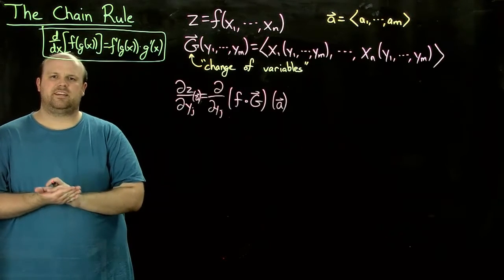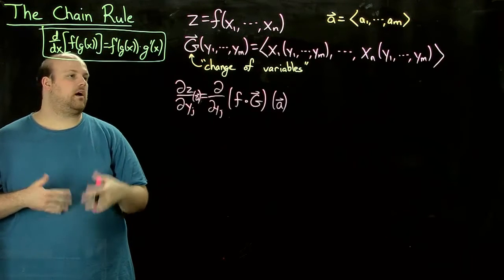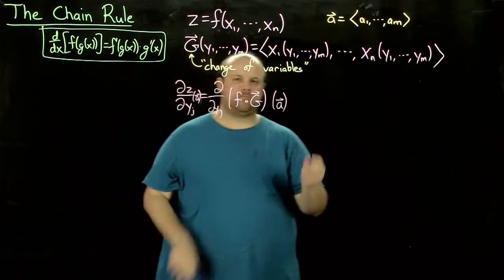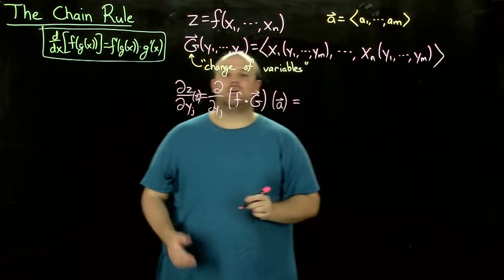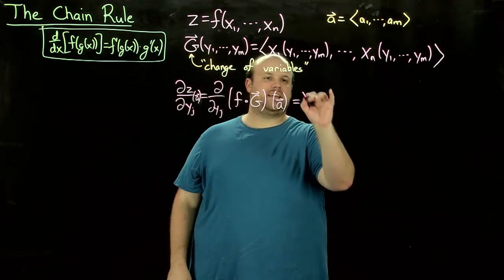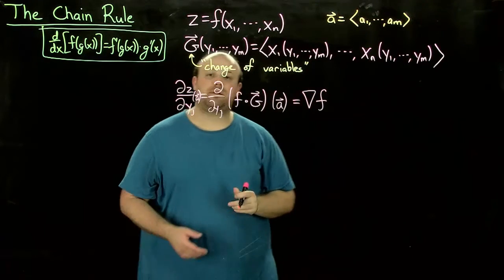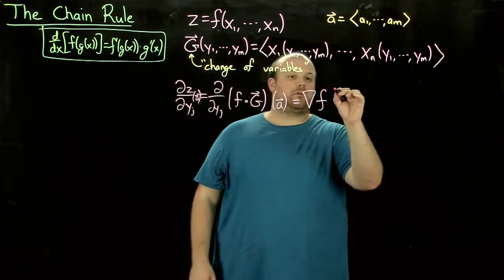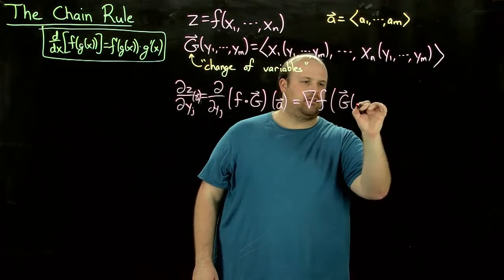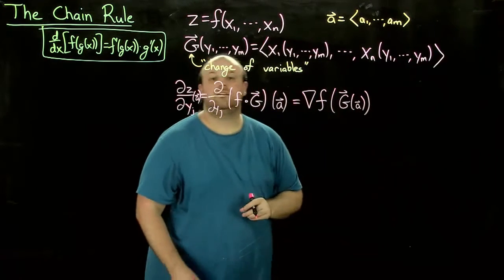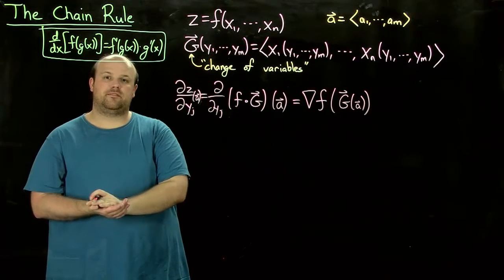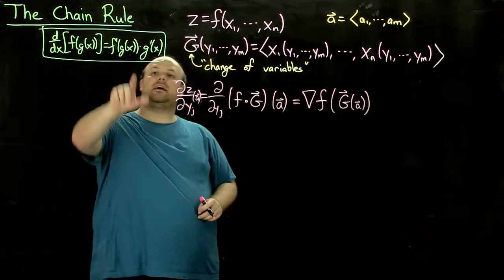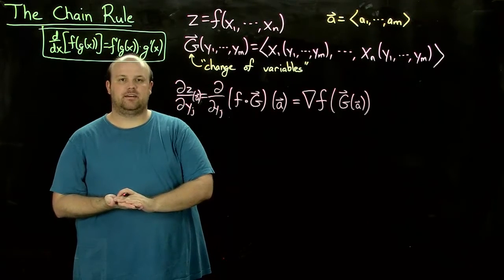It looks almost the same, except now we have to figure out what we mean by prime. All right? And what we mean is the following. We take the gradient of f, because remember, that's sort of the full first derivative now, right? And we're going to plug in the point g of a. So it's the derivative of the outside function with the inside function plugged in. That's what we're doing. All right, and then it's times the derivative of the inside.